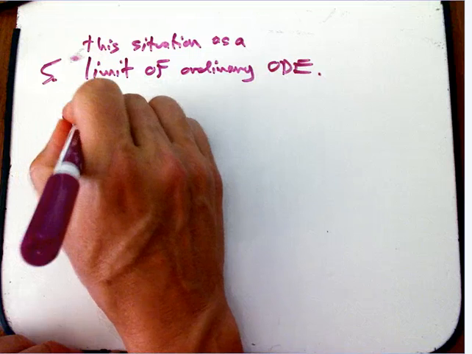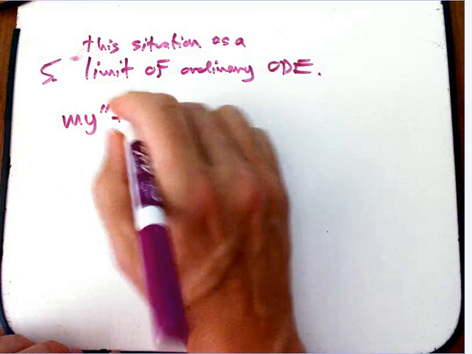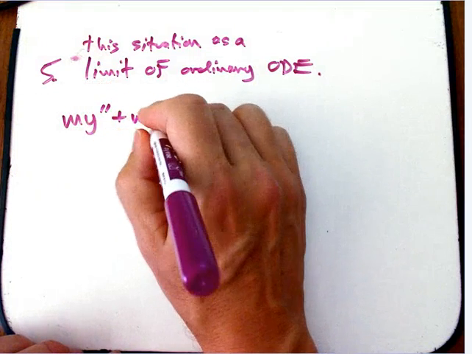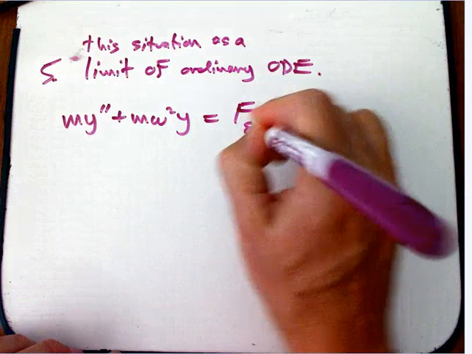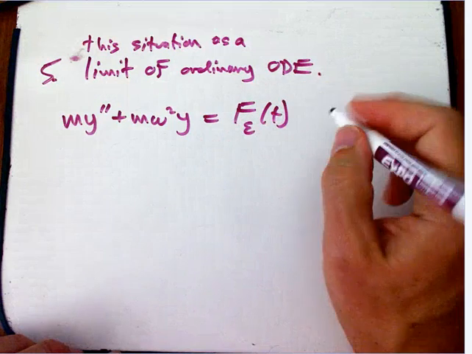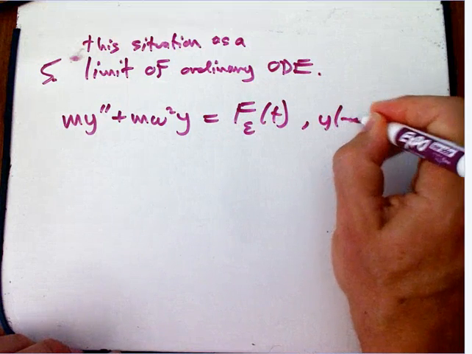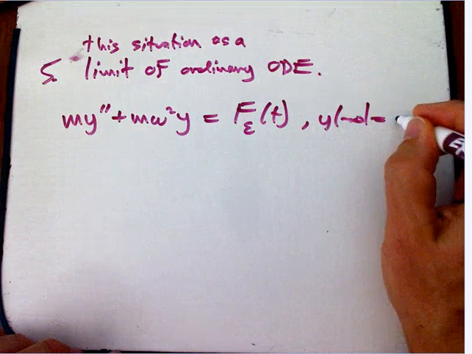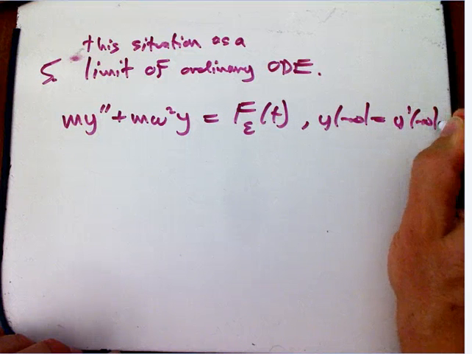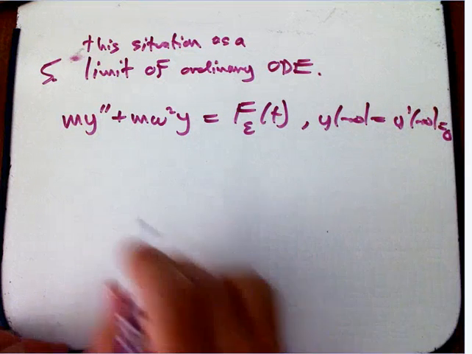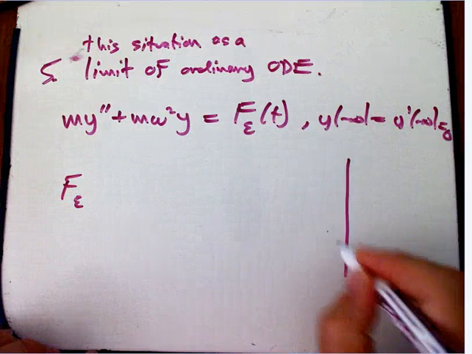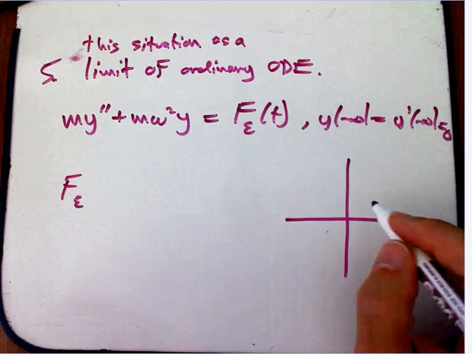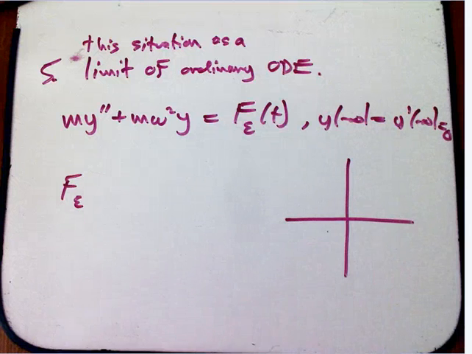So very much like going back to even the first handout, we'll say f sub epsilon of t, and we'll have these nice way to the left homogeneous initial conditions. Those are 0. Okay, and f sub epsilon, well, let me draw the picture. Okay, what we're going to do, what do we want to do?